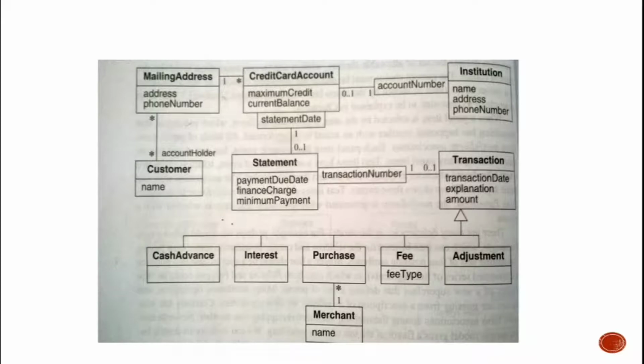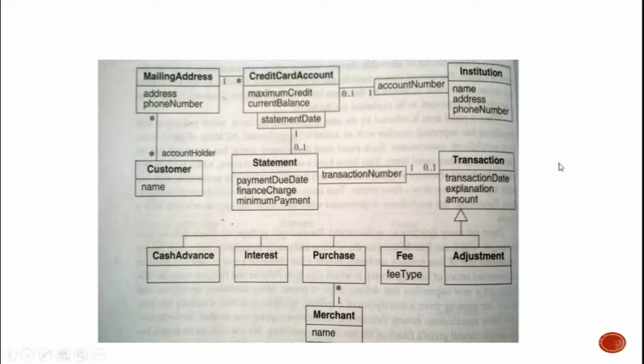And so a variety of questions can arise by seeing this model. What transactions occurred for a credit card account within a time interval? And what volume of transactions was handled by the institution in the last year?